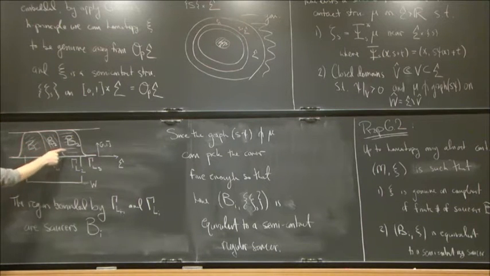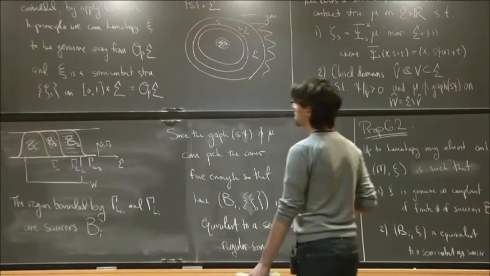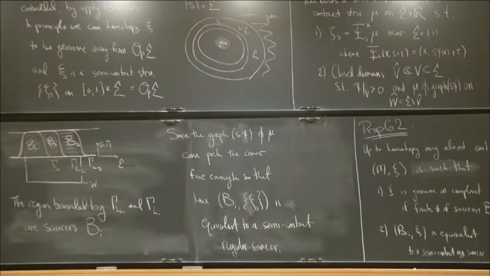And on each one of these, you have a saucer that you can prove is equivalent to one of these semi-contact regular saucers. Sorry, the complement of V is genuine. So that's what I said here.